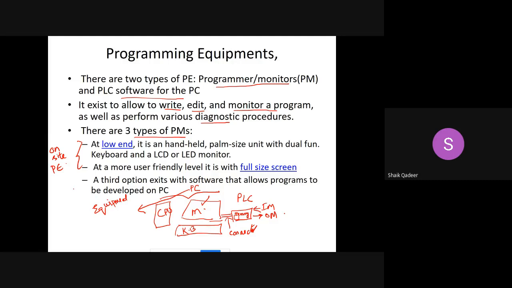And this is nothing but programming equipment done with a personal computer equipped with the software from our control room. From the control room, if we are editing a program in PLC with the help of a sophisticated software, then we use the third option. Hope it is clear to everybody.